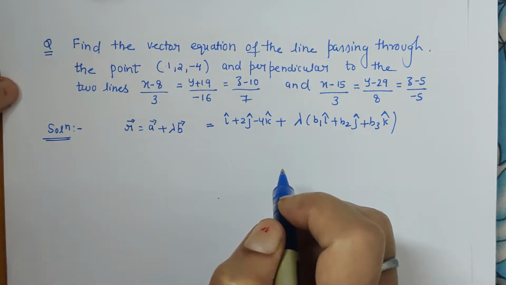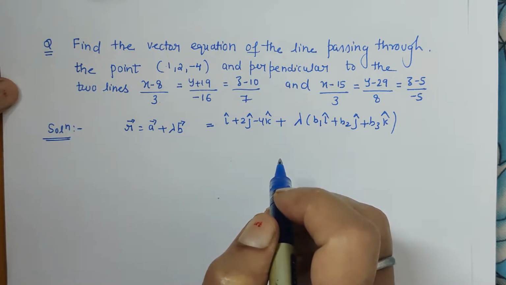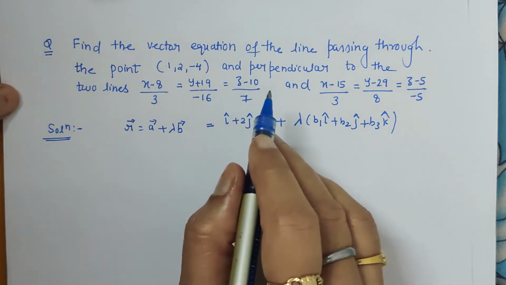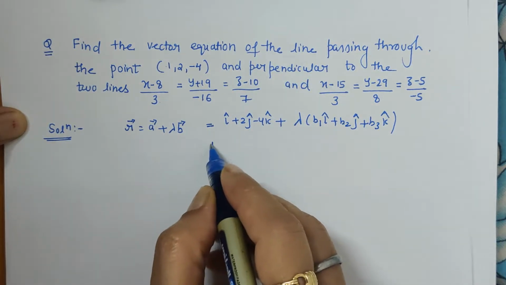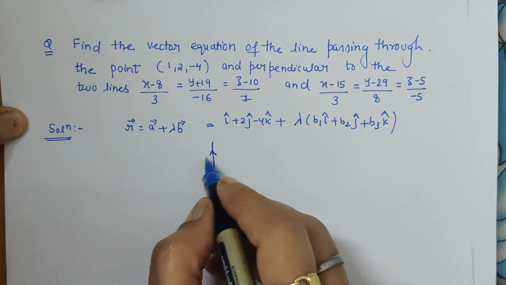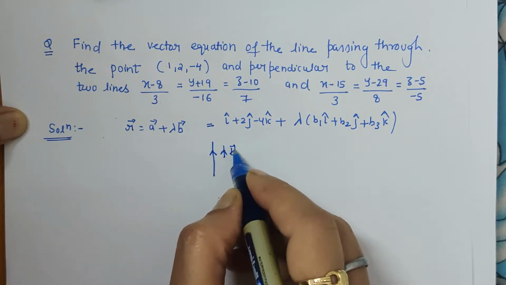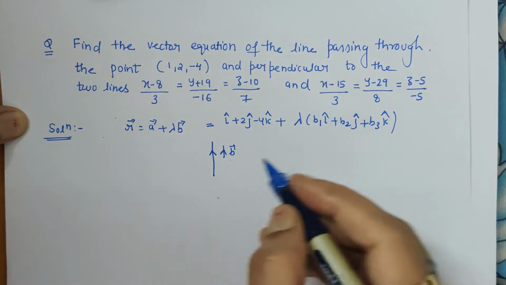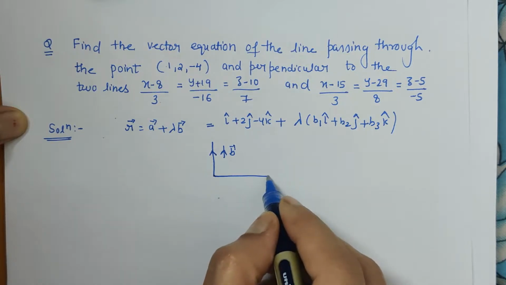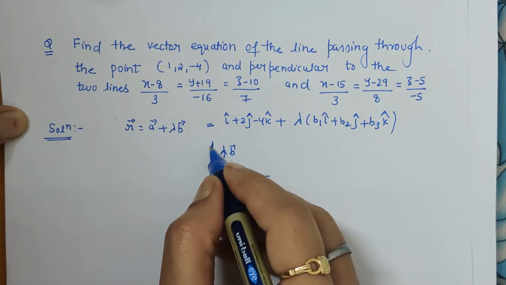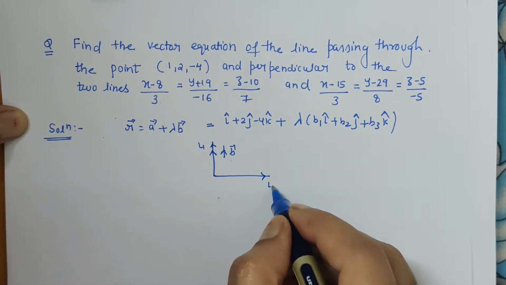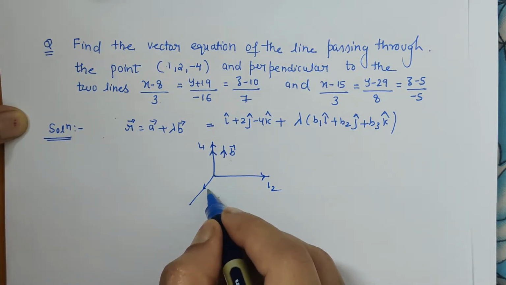Now I would like to visualize the question diagrammatically. We are talking about a line with parallel vector b vector, which is (b1, b2, b3), and this line is perpendicular to the given two lines. Say this is one line, this is another line, and this is the third line.